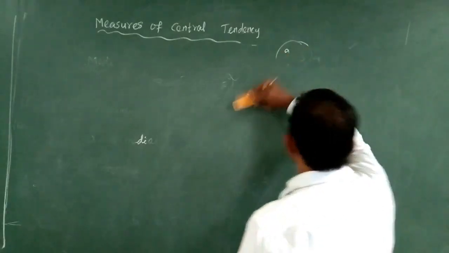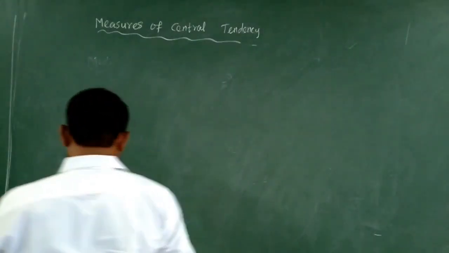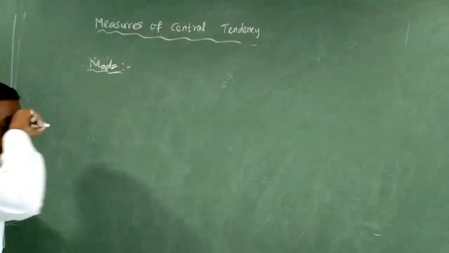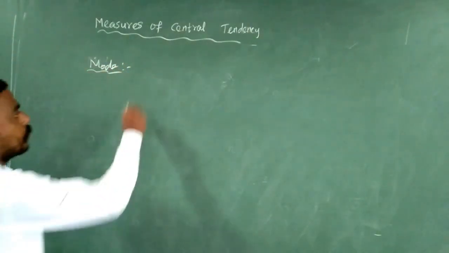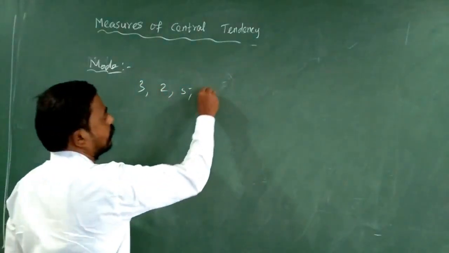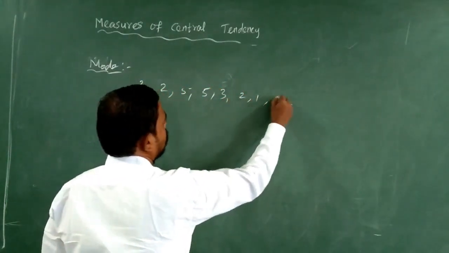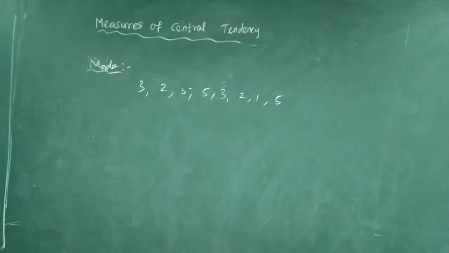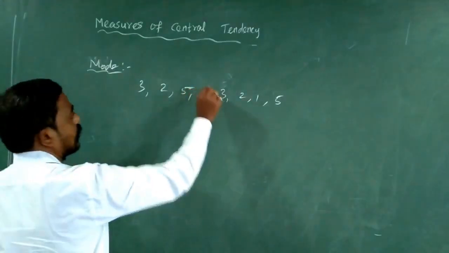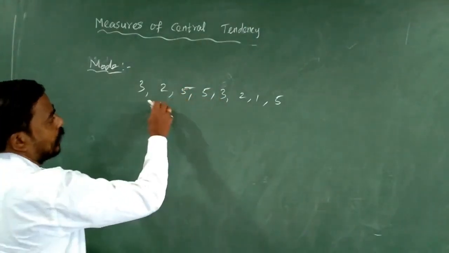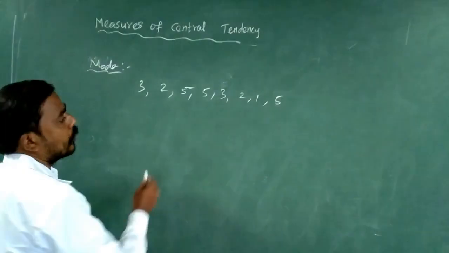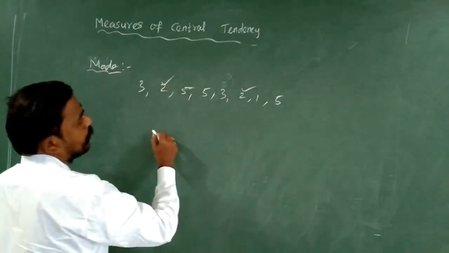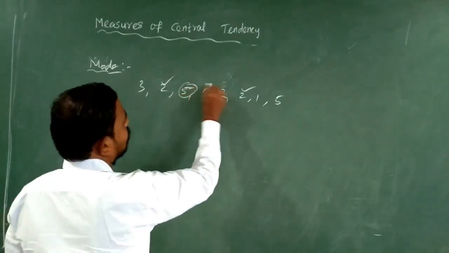Okay. Now mode. Mode is nothing but the one that occurs most. Suppose 3, 2, 5, 5, 3, 2, 1, 5. Arrange in any one order, or you may count without any order. Here we are going to discuss how many modes are there and also which number is the mode. 1 occurs only one time, 2 occurs 2 times, 5 occurs 3 times.